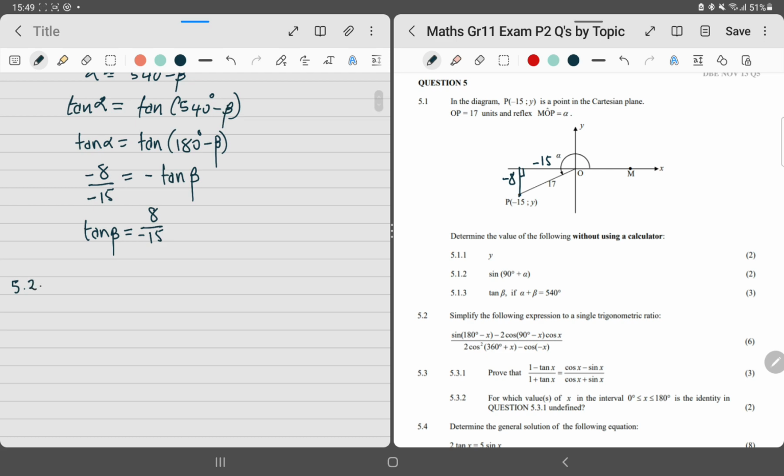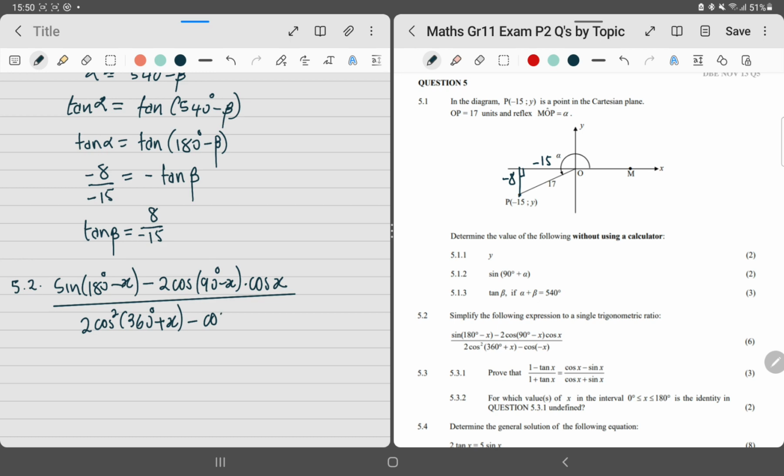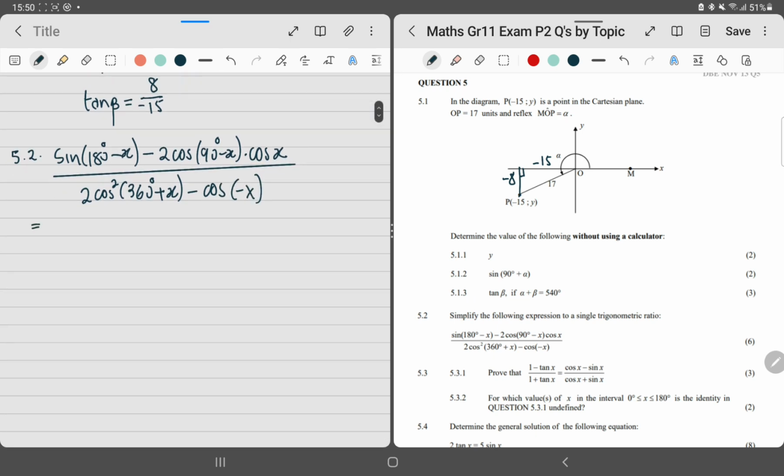5.2. Sine of (180 degrees minus x) minus 2 cos of (90 degrees minus x) times cos of x, all of this divided by 2 cos squared of (360 plus x) minus cos of (minus x). 180 minus is in the second quadrant.